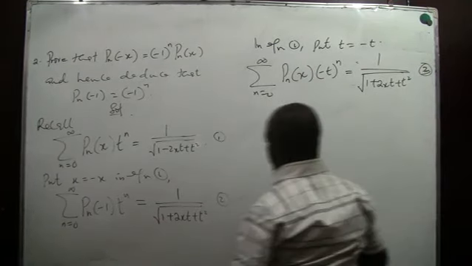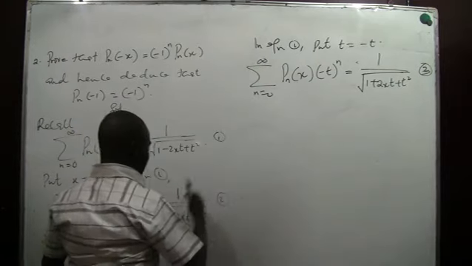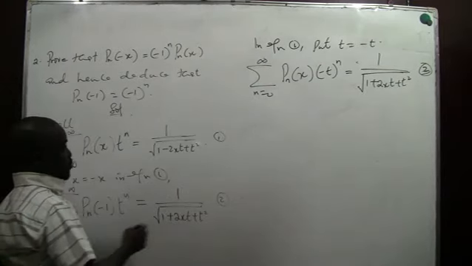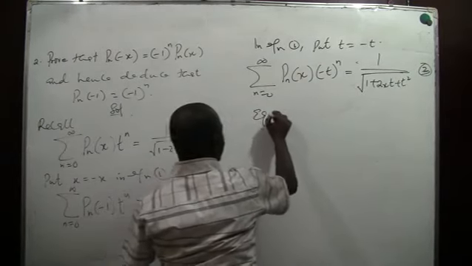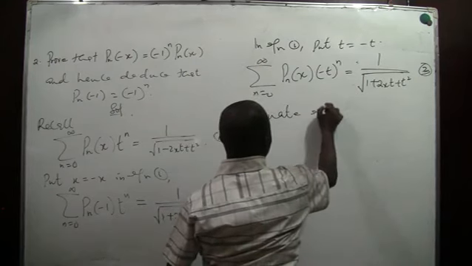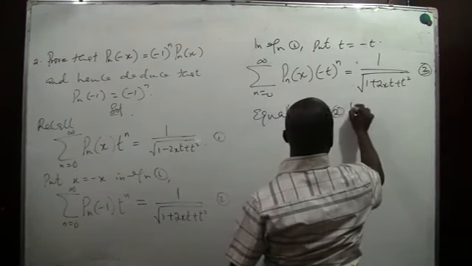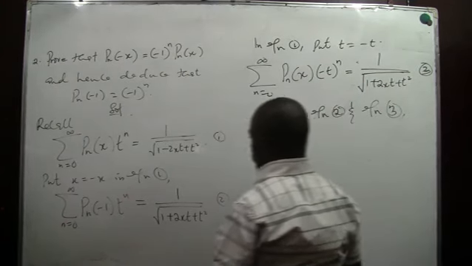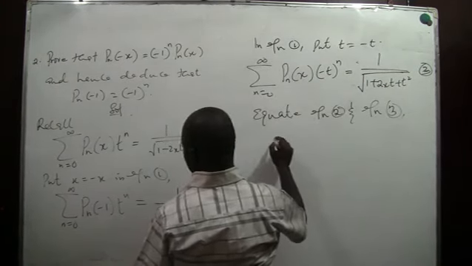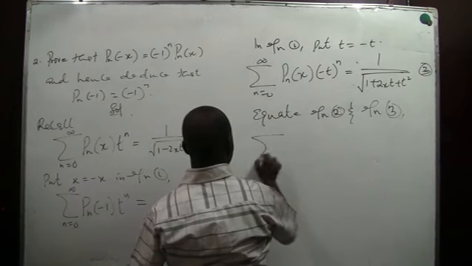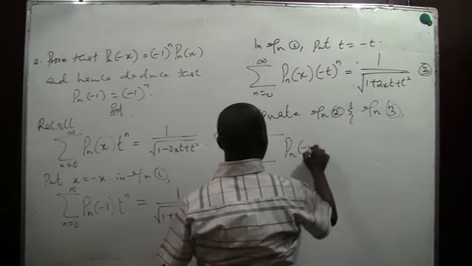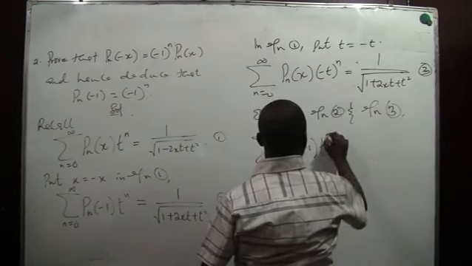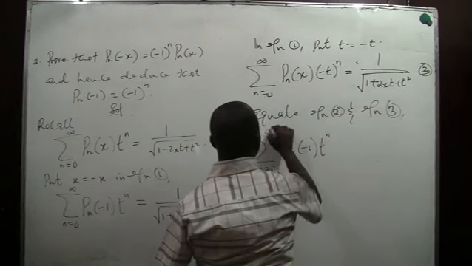We equate equation 2 and equation 3 because the right hand side of the two equations are the same. So what do we have? We have at the left hand side, summation Pn of minus x, t raised power n from 0 to infinity.